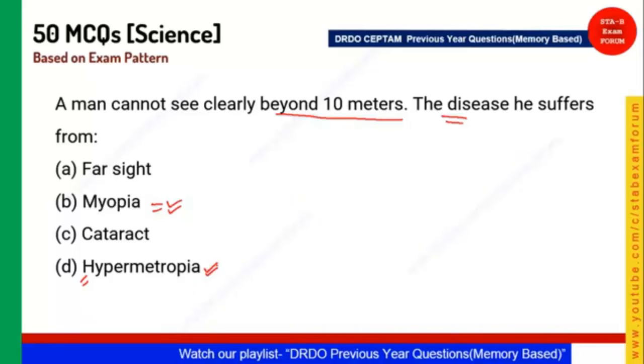Cataract is another age-related eye disease, and farsightedness and hypermetropia are both the same. Myopia is also known as nearsightedness, which means this man cannot see beyond a certain distance. So the correct answer for this question is option B.